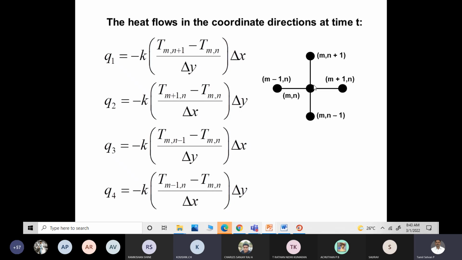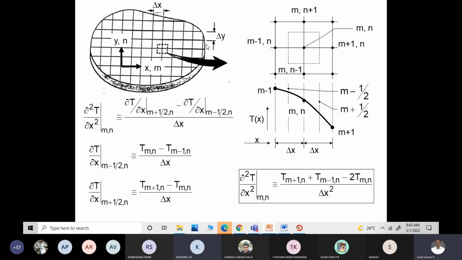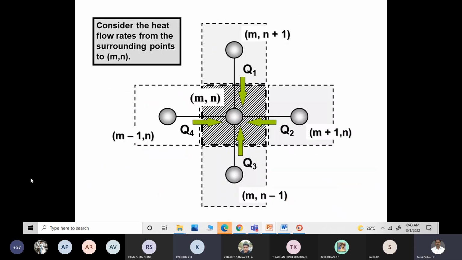If this center point is m, n, with m minus 1 comma n, m plus 1 comma n, m comma n plus 1, m comma n minus 1, then we know that q1, q2, q3, q4: q1 from this, q2 from this, q3 from this, q4 from this.